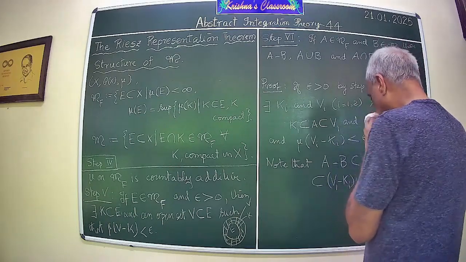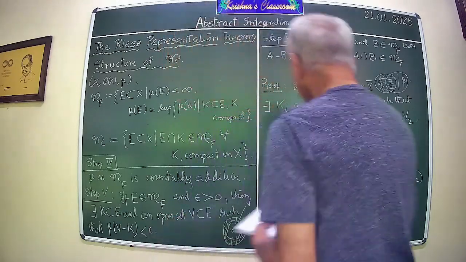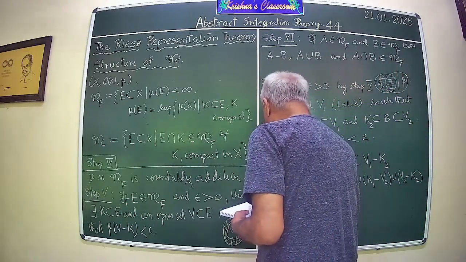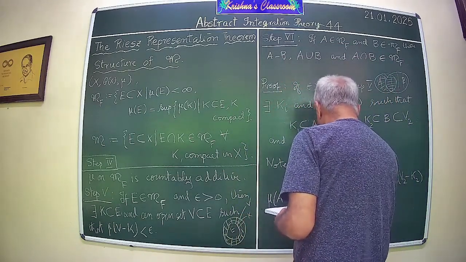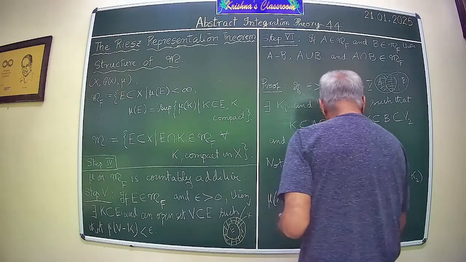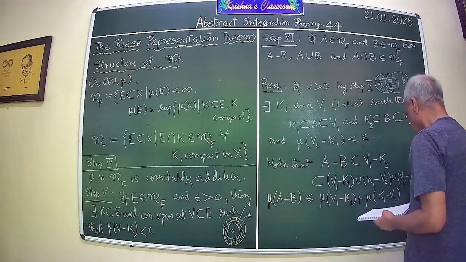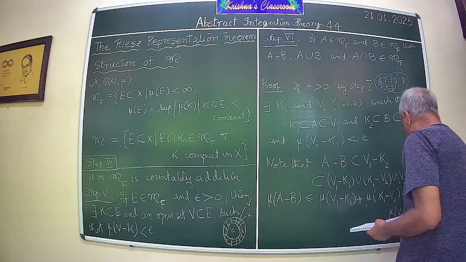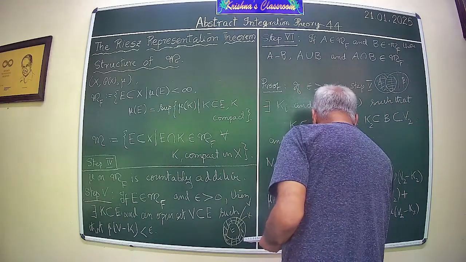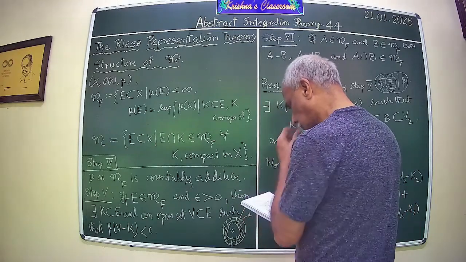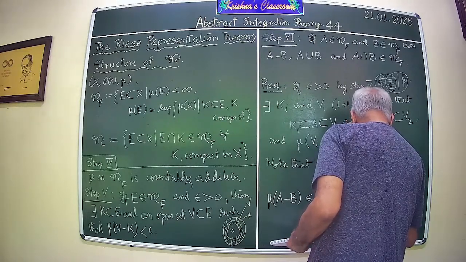Mu of A minus B is less than or equal to mu of V1 minus K1 plus mu of K1 minus V2 plus mu of V2 minus K2, which is less than epsilon plus mu of K1 minus V2 plus epsilon.